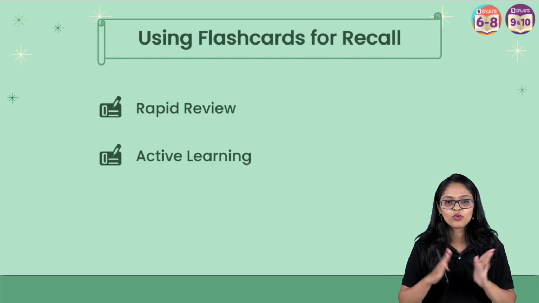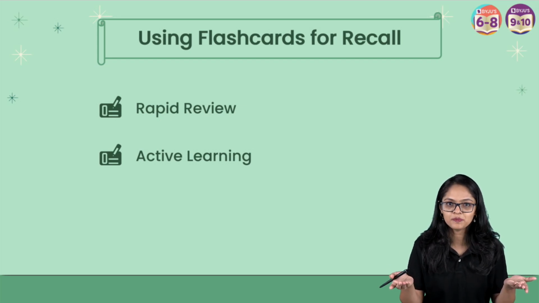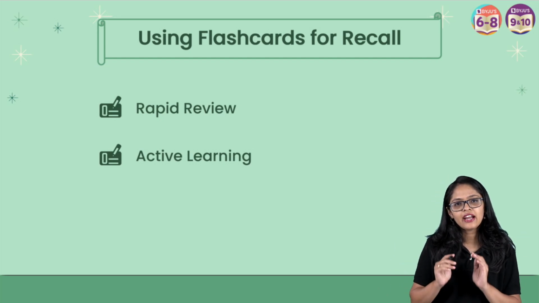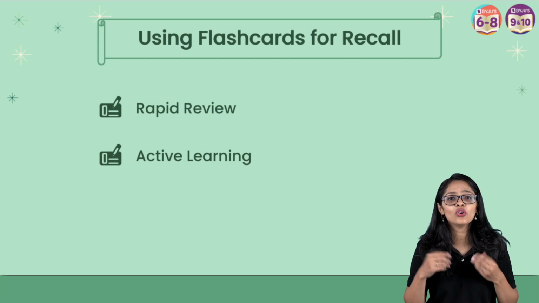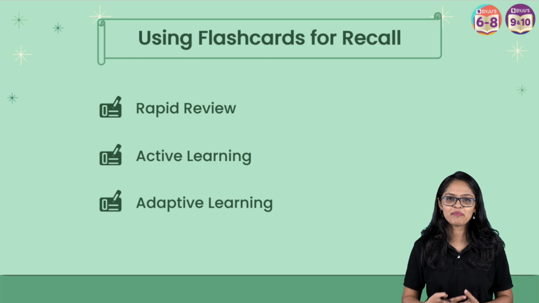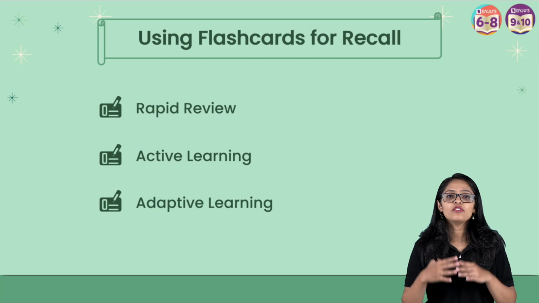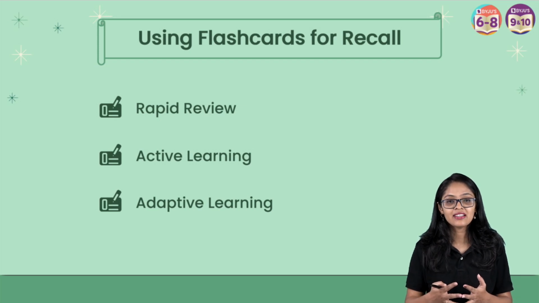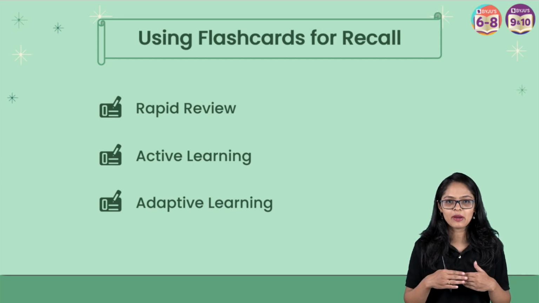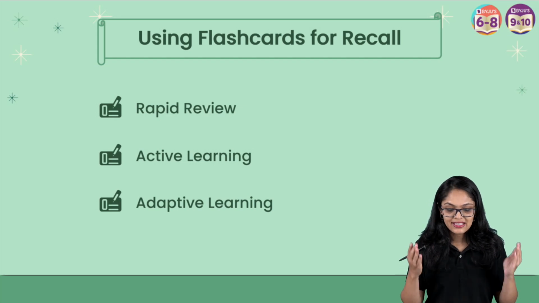If you make a flashcard on states of matter, you represent it in your own way. That's how adaptive learning also happens. So these two are mainly for visual learners. You look at it and you remember and recall better. Well, this is about flashcards.